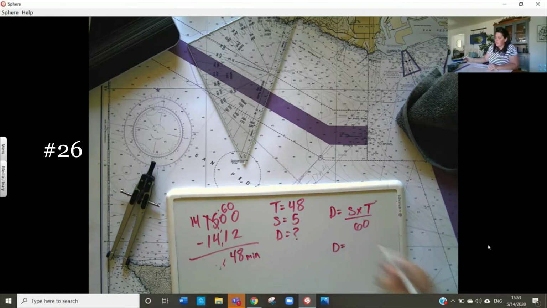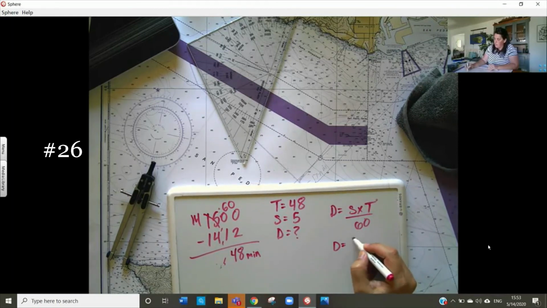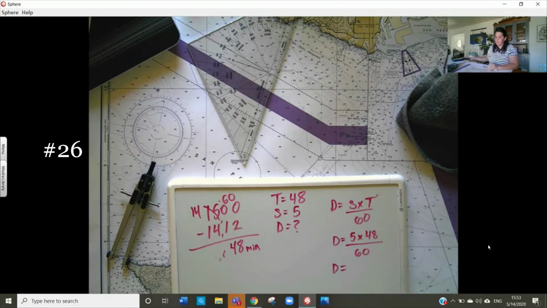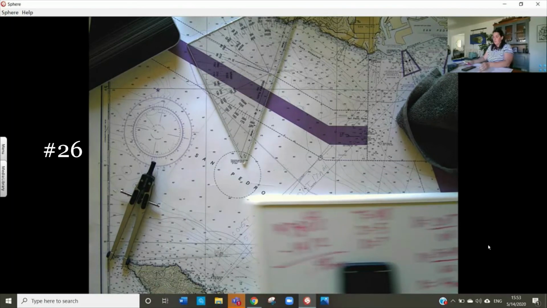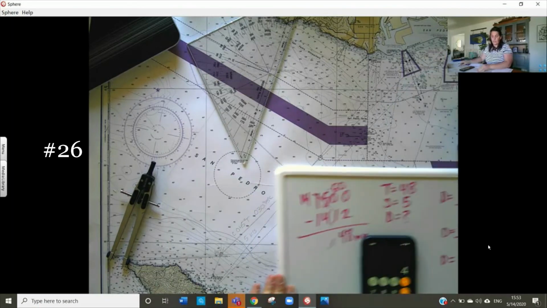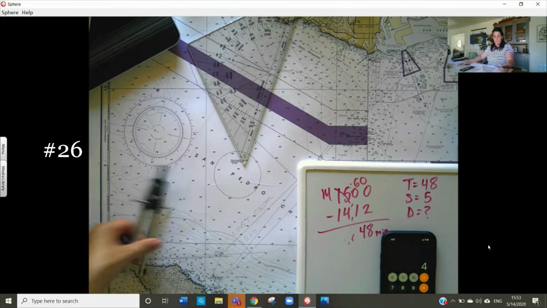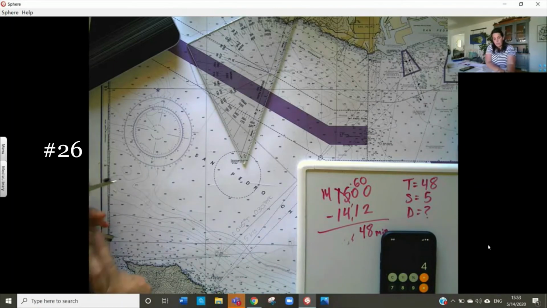Distance is 5 times 48 divided by 60. We have 5 times 48 divided by 60. We have 4 nautical miles. So, 4 nautical miles to our 1500 DR.